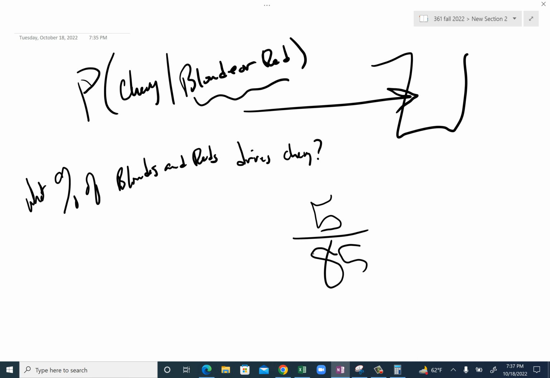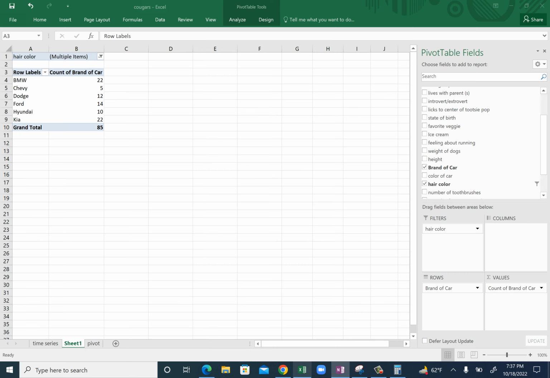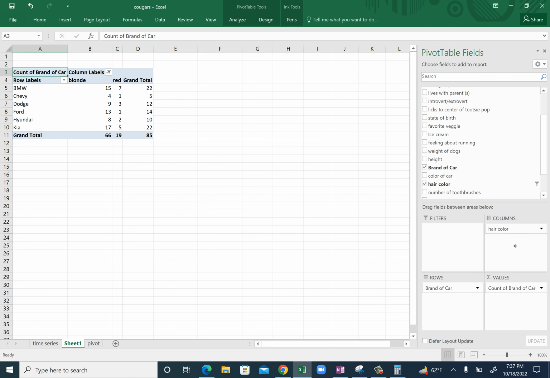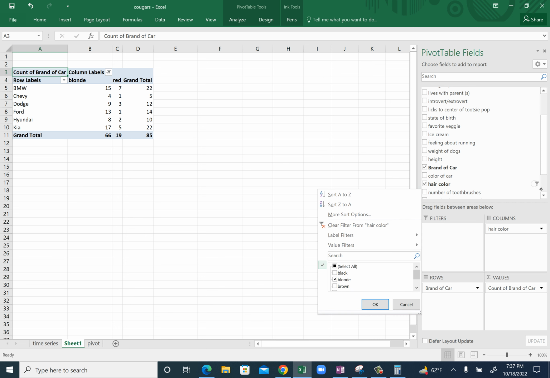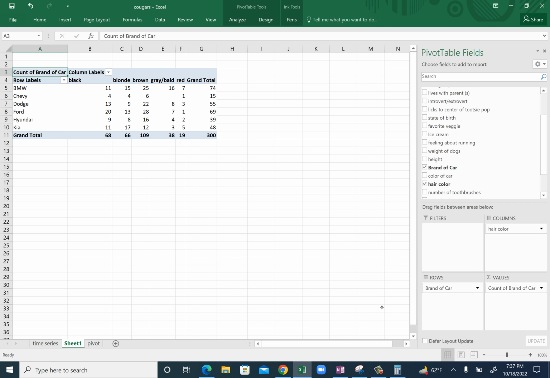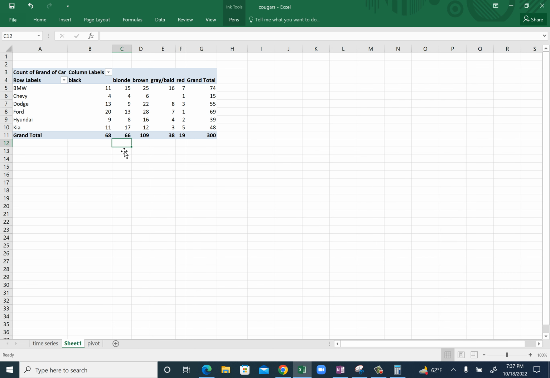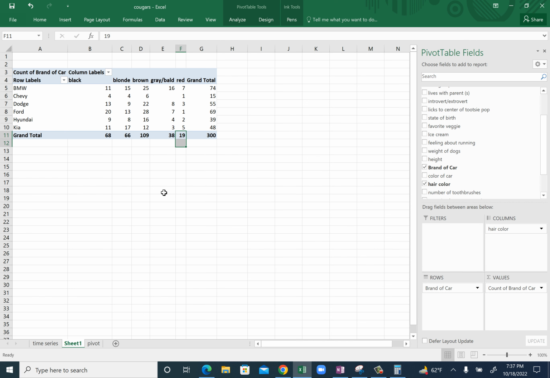We do this till we're blue in the face. Now, could you have done it a different way? You can always do things a different way. Let's unfilter those. There's everybody. There's 66 blondes, and there's 19 reds. That's a grand total of 85.